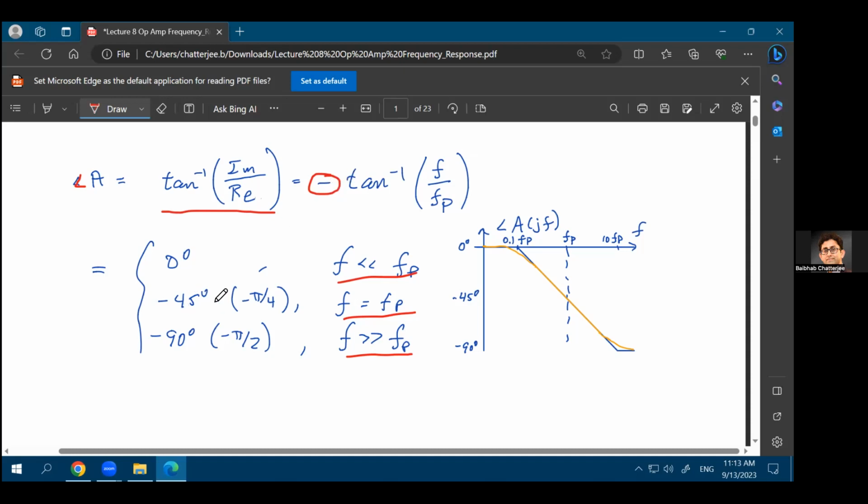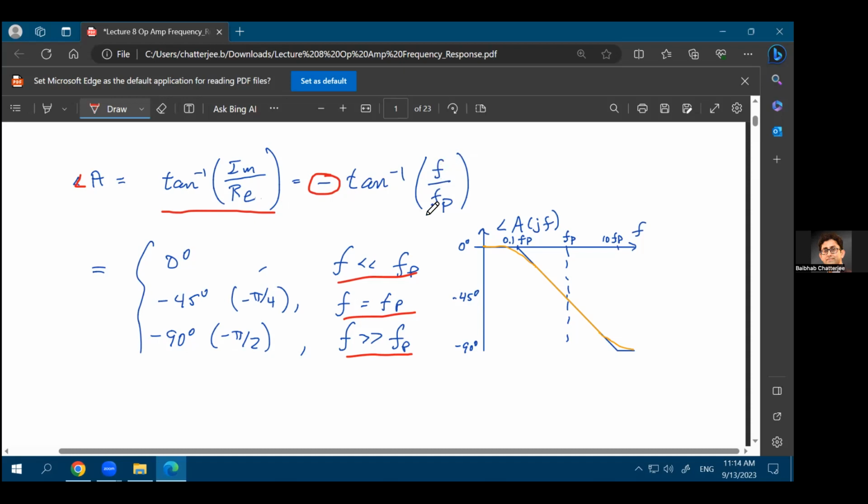What is tan inverse of 1? 45 degrees or pi over 4. So this is minus 45 degrees because of the original minus sign in the beginning. When f is much larger than fp, you will have minus 90 degrees because you have tan inverse of infinity.